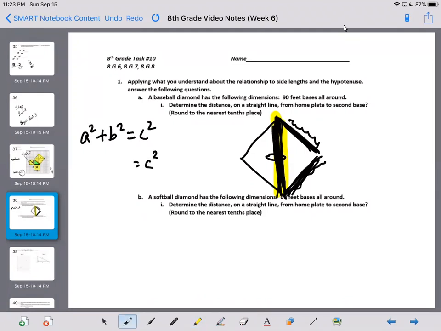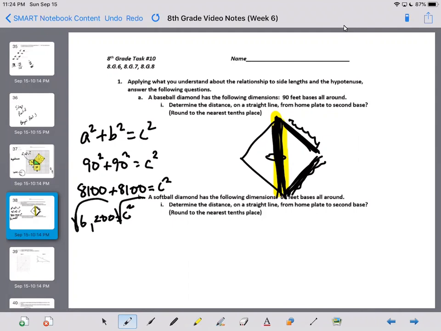a squared would be 90 squared, b squared would be 90 squared. So that's 8100 plus 8100 is equal to c squared. I add those together and I get 16,200 is equal to c squared. But I need to know the square root of that, because I'm trying to do the opposite of squaring, which is the square root.